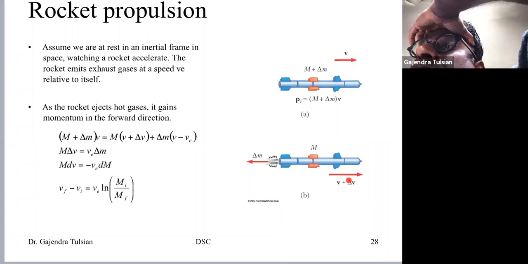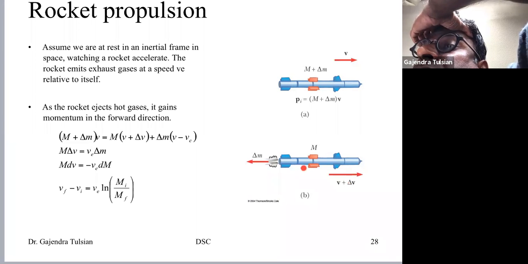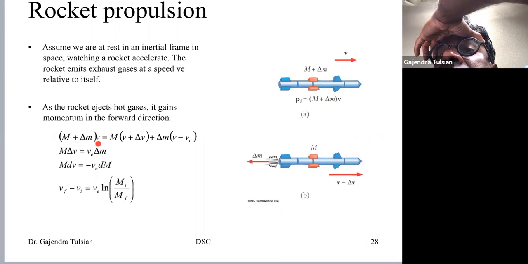Now this is an explosion, sort of. This gas went in that direction, and so the rocket recoiled at a faster rate in this direction. The initial momentum of the rocket at this point was its mass times its velocity. Now the momentum of the hot gases going in that direction plus the momentum of the rocket should equal this initial momentum, and that's what this equation is saying.